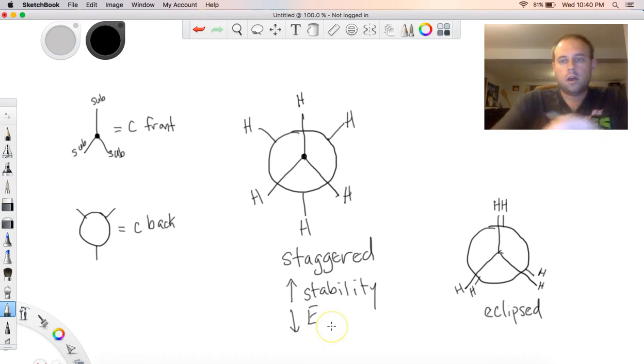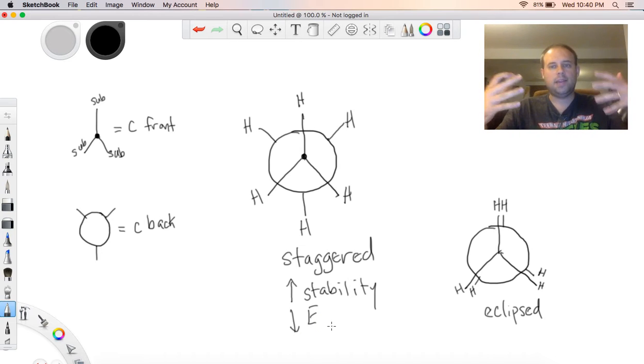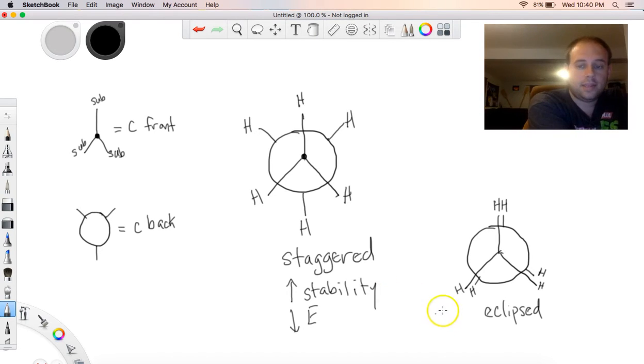So if something is low, in the example I always like to use is a hyper child. If the child has a lot of energy, right, you gave them a lot of sugar, that's not a stable situation. So these are inversely proportional. You have high stability, that means something is low energy. Okay? If you have something that is low stability from a chemical standpoint, then you're going to have something that's relatively high energy in comparison.